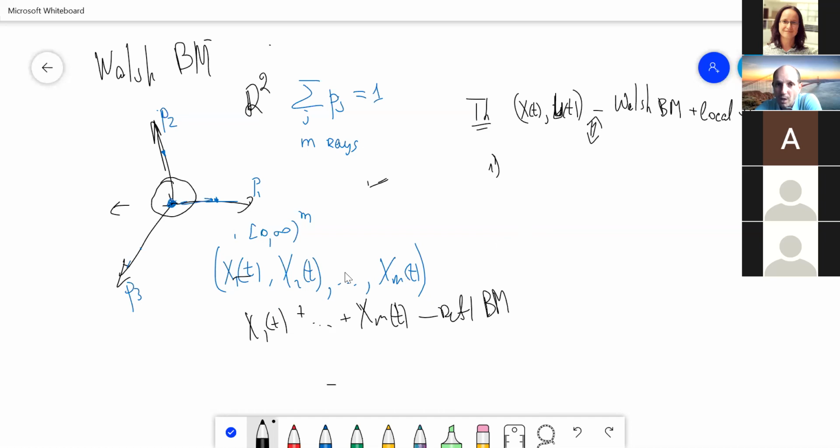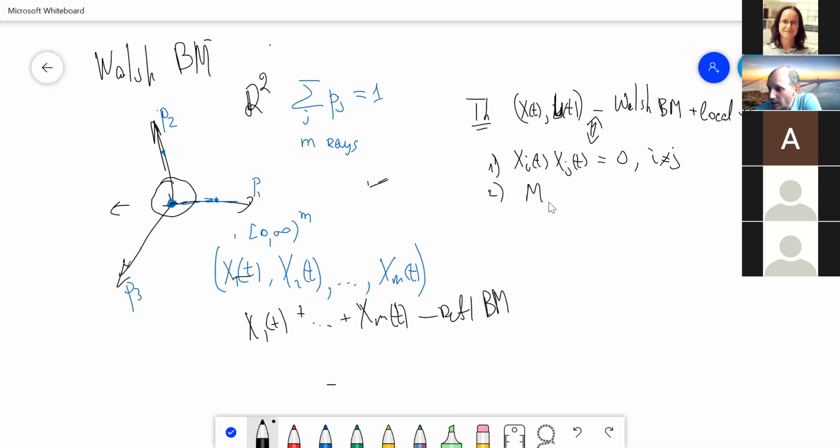The first condition: only one coordinate of this process is non-zero, X_i(t) times X_j(t) is 0 for all i and j, i is not j.